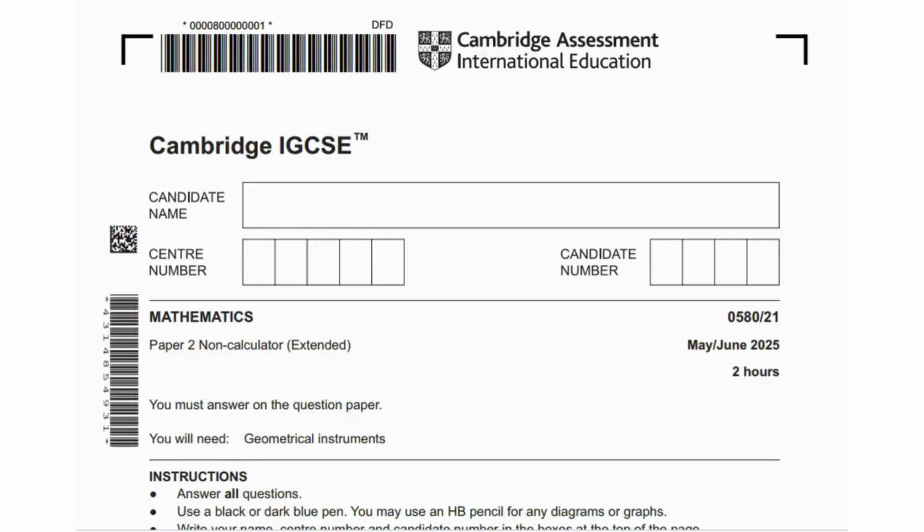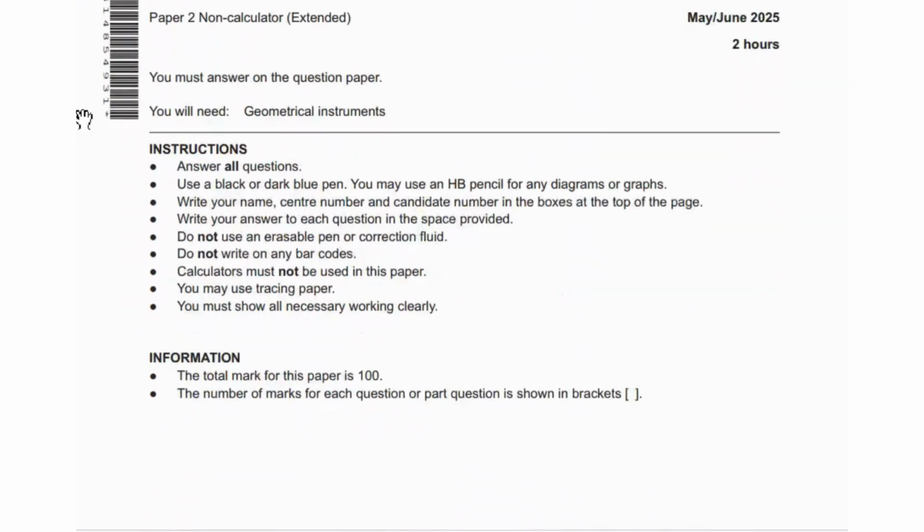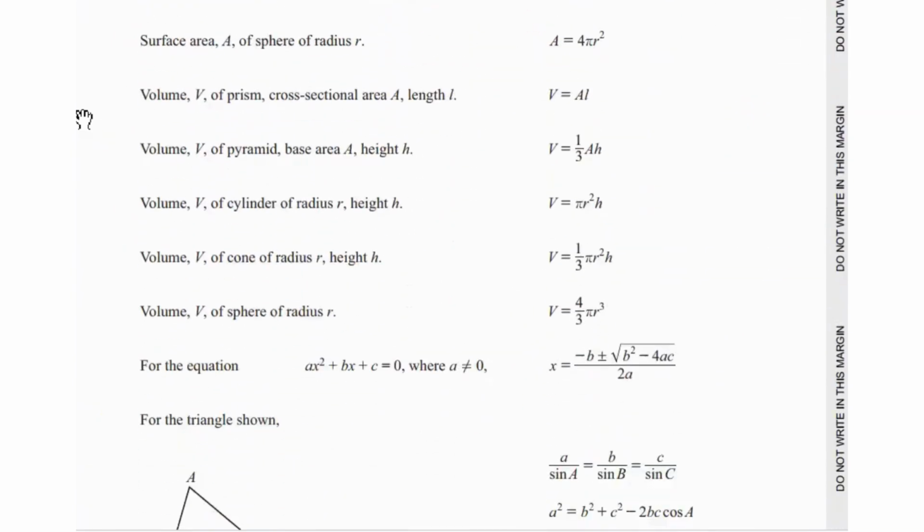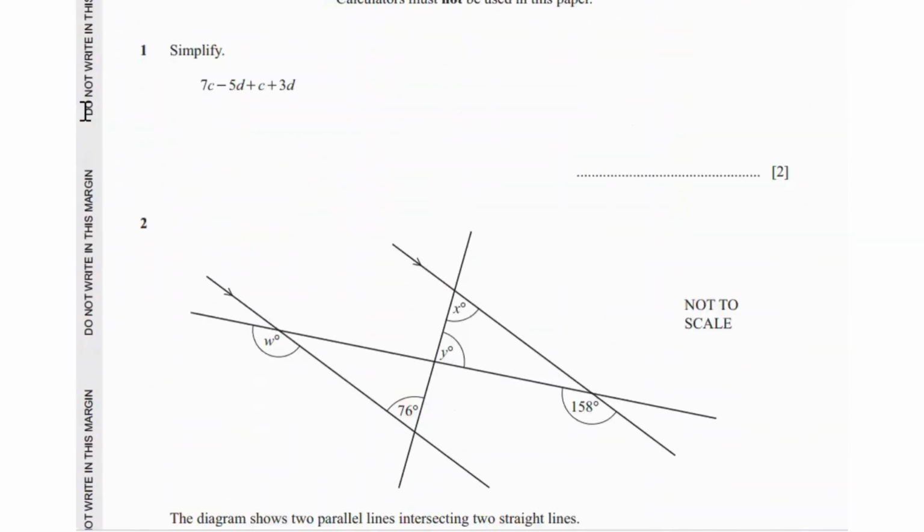So let's start with this one. It says simplify 7c minus 5d plus c plus 3d. So this is like an algebra question where they're asking us to collect the like terms. So 7c and c are like terms because both the terms have the same variable and the variable is raised to the same power.